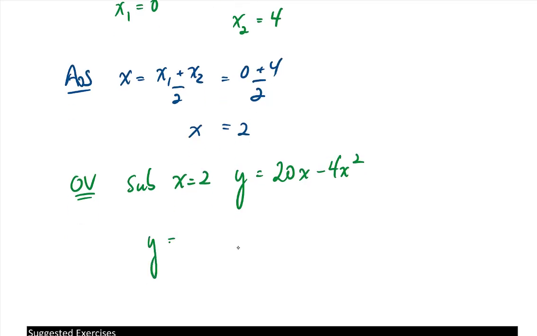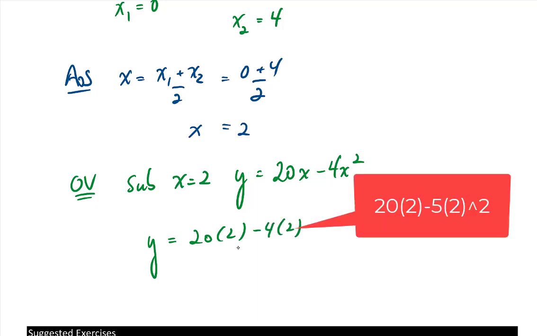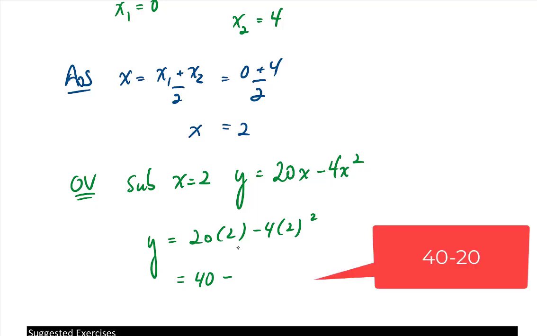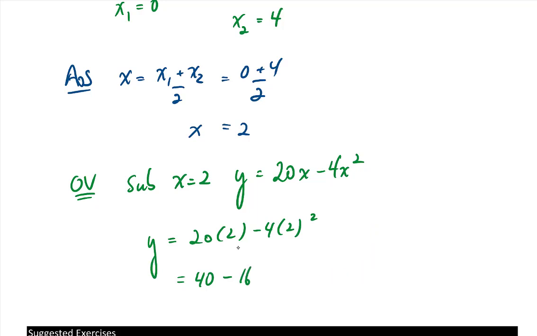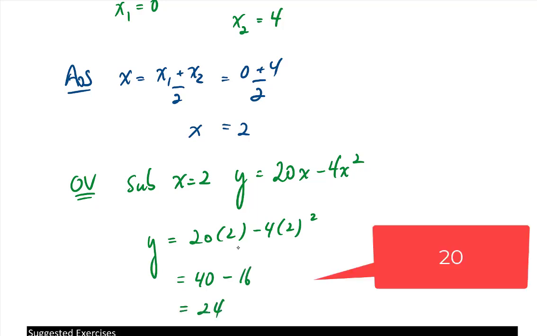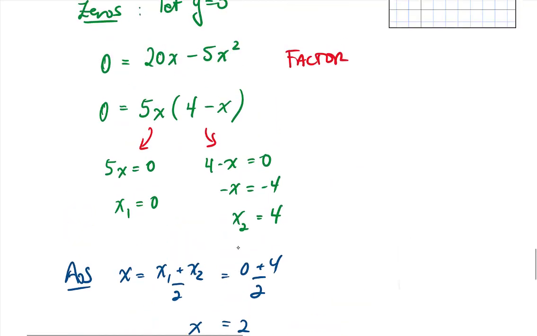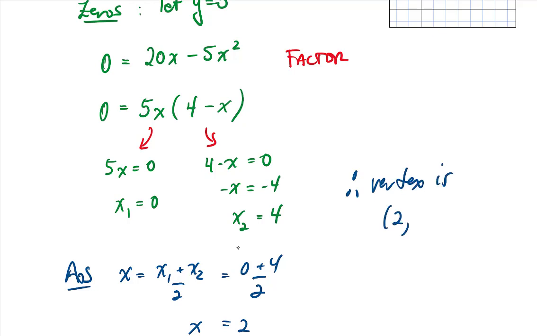And what we get is y equals 20 times 2 minus 5 times 2 squared, which equals 40 minus 20, which equals 20. So therefore, our vertex is axis of symmetry of 2, optimal value of 20.